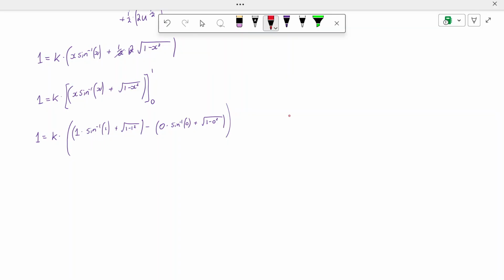Lovely. Arcsine of 1 is really quite easy for us to calculate. I'm just going to think about what my sine curve looks like, and we know that it looks like this. And now I'm thinking, okay, well, when does sine equal 1? It equals 1 right here at pi on 2. So that means that arcsine of 1 equals pi on 2. So I can sub that in now.